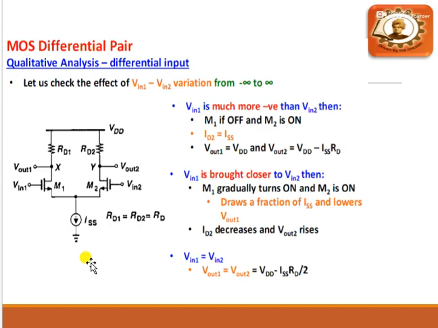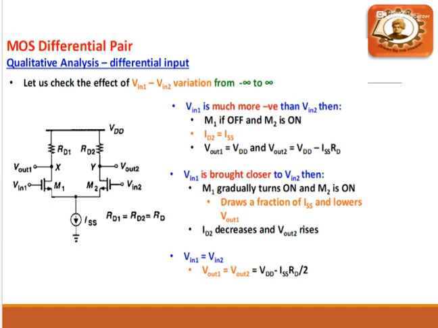Next condition is that if these two input voltages are the same, VIN1 equals VIN2, so Vout1 will be equal to Vout2 equal to VDD minus ISS RD by 2. So ISS will be divided equally in these two branches.